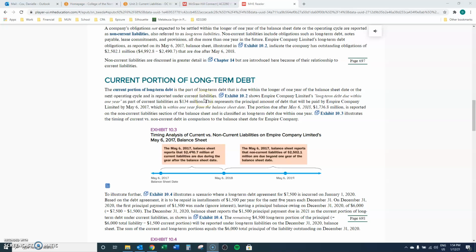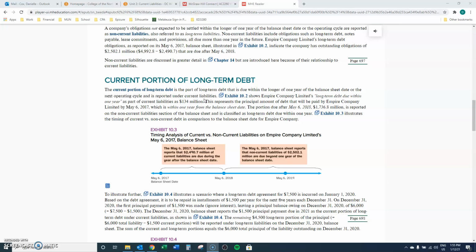Then we look at the current portion of long-term debt. So you'll see a lot of companies on their financial statements have long-term debt, and long-term, it's not expected to be repaid back within the 1 year, but a portion of it might. There might be a substantial amount owing, and usually there's payments made over time.